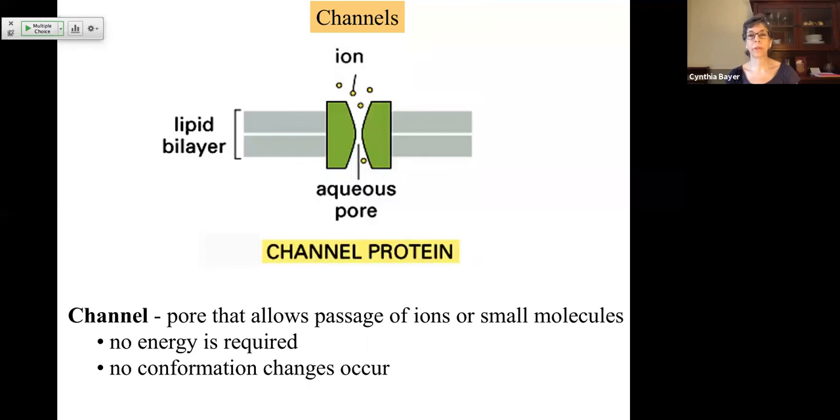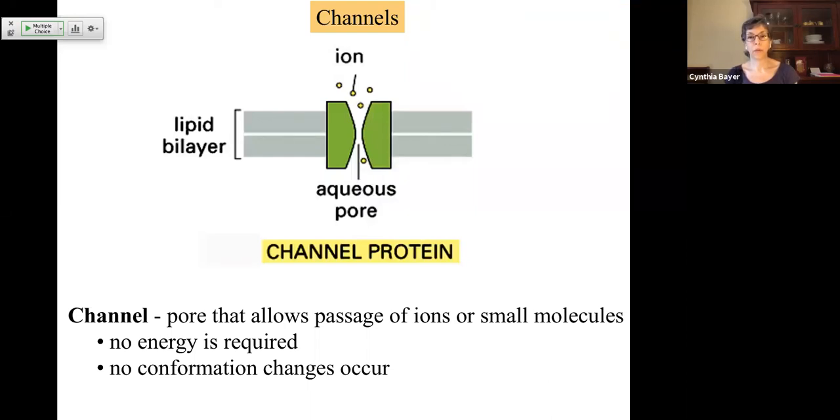So here we're talking about either channels or carrier proteins that will allow a solute to move down its concentration gradient, right? From a region of high concentration to a region of low concentration.